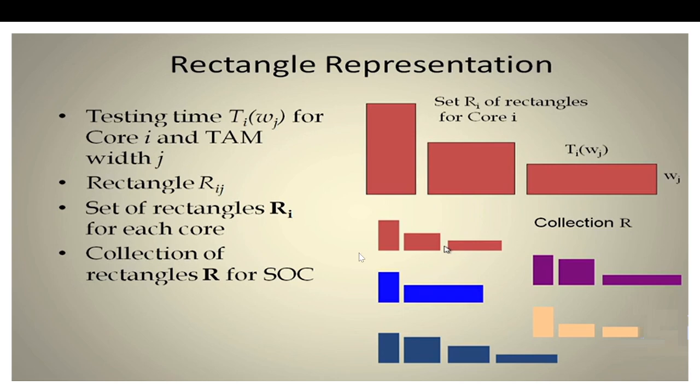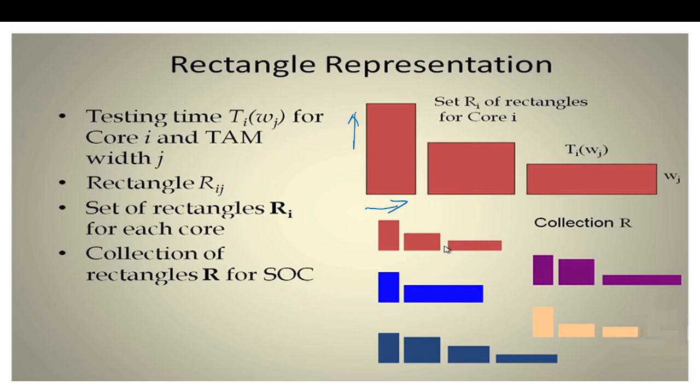Say now we have different rectangular representations based on this width and time. So testing time Tij for the core i and the TAM width j. So the rectangle Rij, we will obtain such rectangles. Now a set of rectangles Ri for each core. Now the collection of rectangles for the SOC.